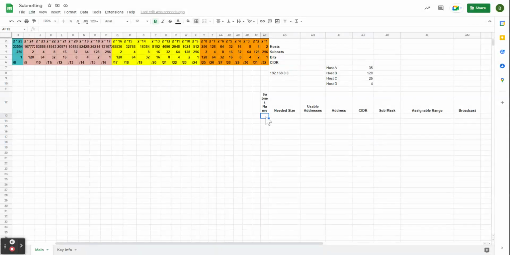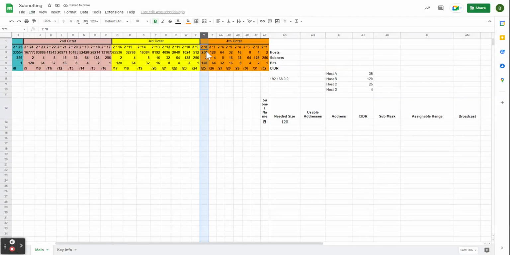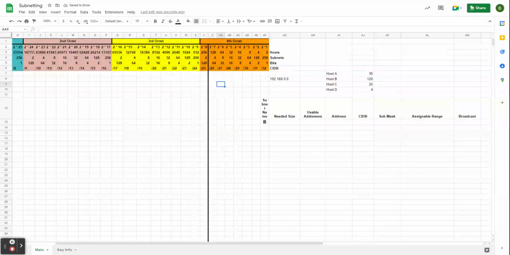So B, and then the size needed. Usable addresses is going to be 128. So I'll draw my line here. Okay, so the first one is going to be a /25 CIDR notation.